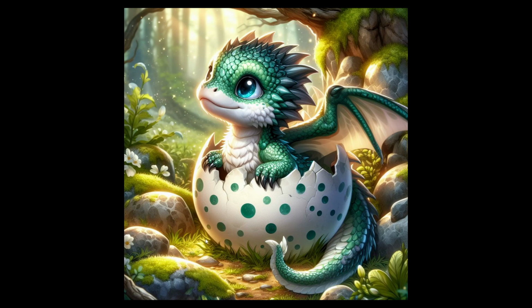The rocks, the leaves, the grass, the flowers, and even the sunlight and the environment as a whole. Now some people might consider a dragon to be hatched in a cave or something like that, but this is actually really nice. And also the color of the dragon as well.